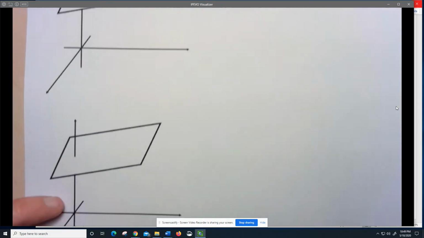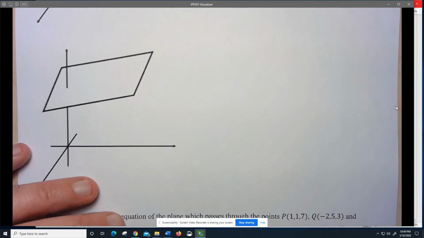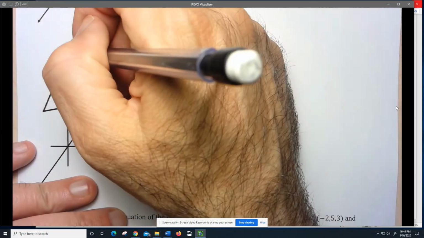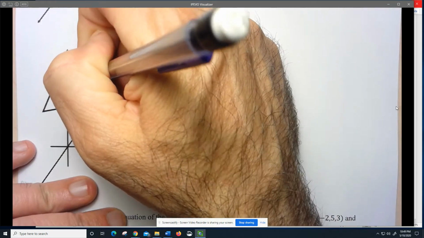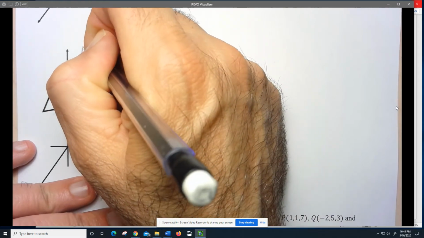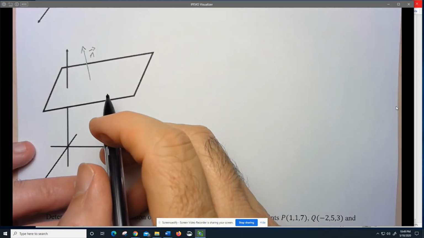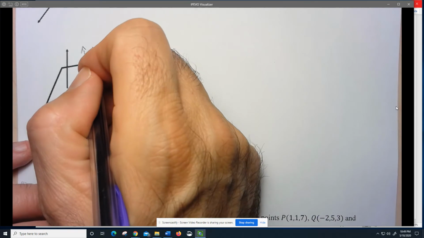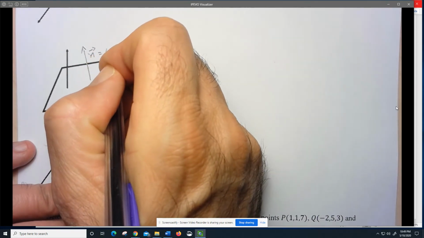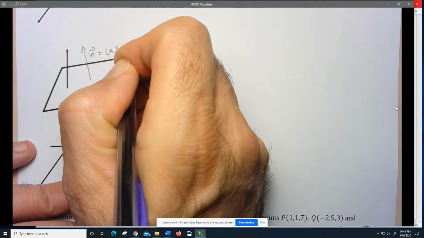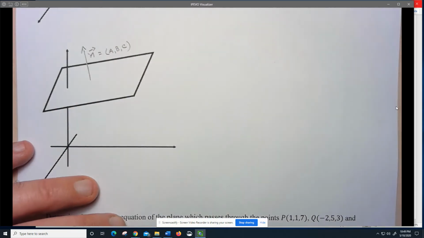Let's draw ourselves a neater diagram here and see if we can come up with something. So here we have our normal vector, call it n. Okay, we were using lowercase letters for the direction vectors, so let me use uppercase letters here. So let's say we call it ABC.